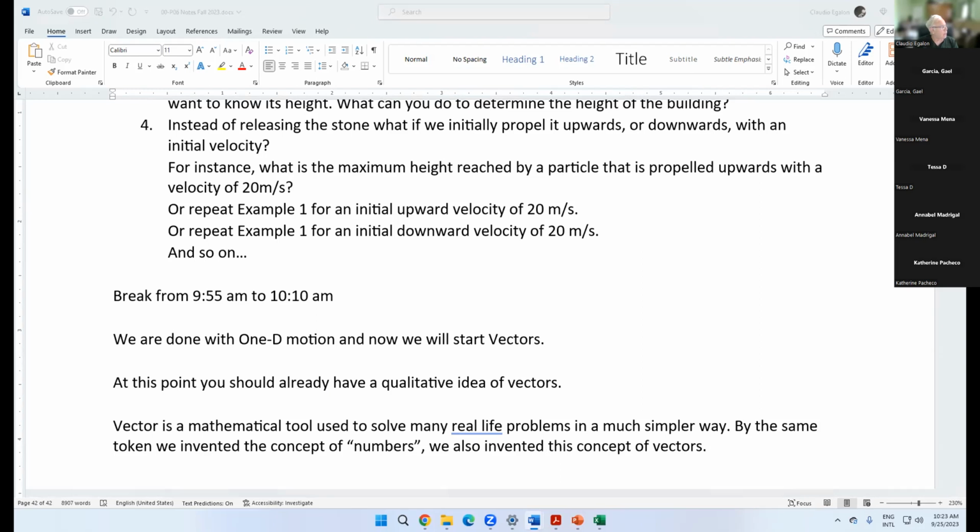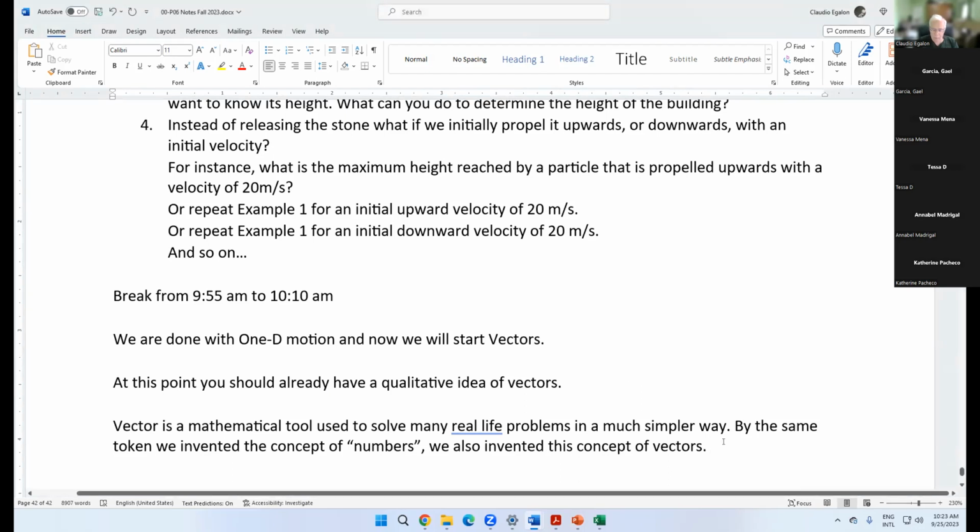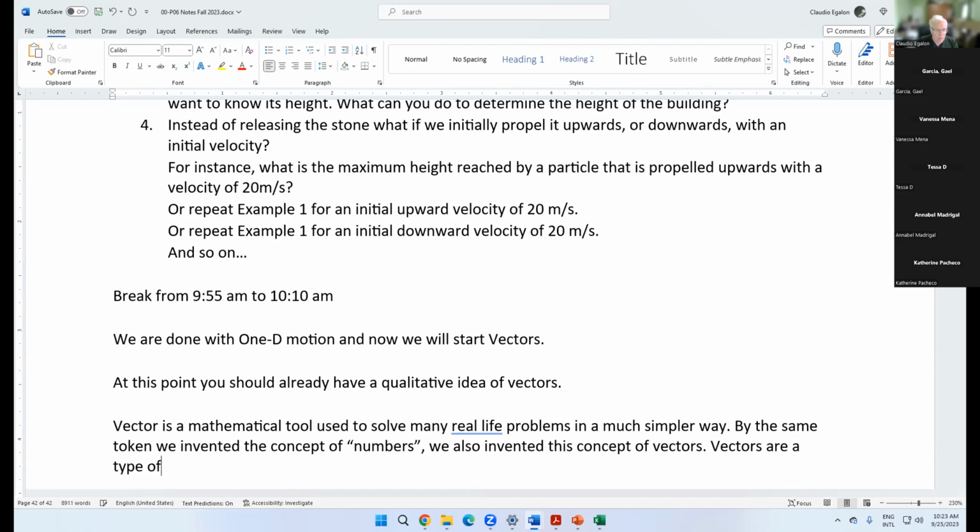I like to tell my students that vectors are a type of number, okay?